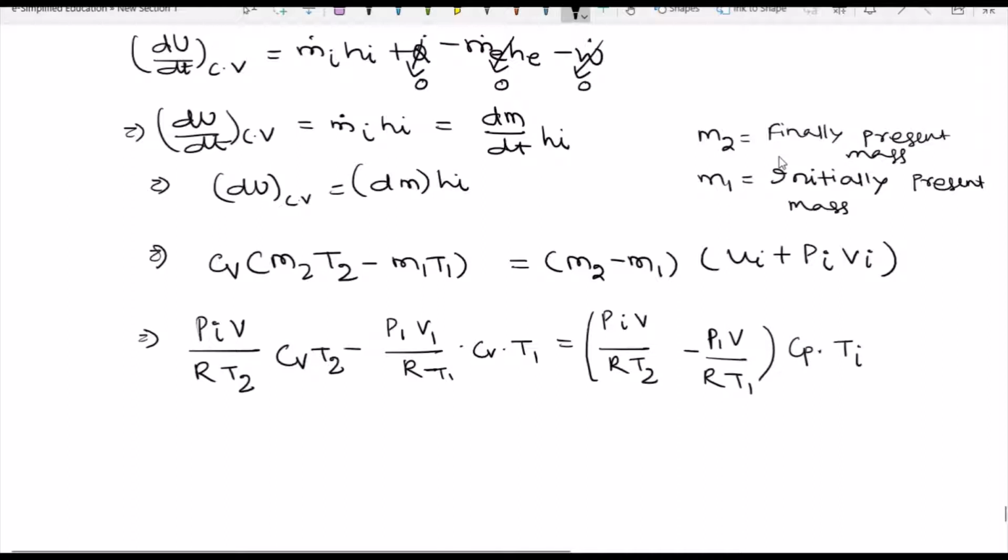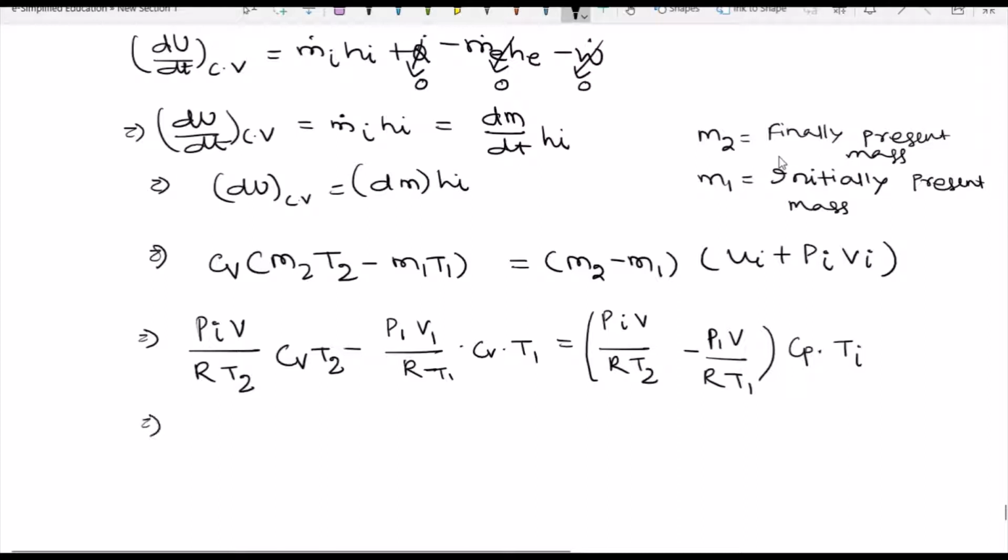If you expand this m2 into this form, m1 in this form, m2 is the final mass which is going to be present over there, but since P2 is equal to Pi, I have directly written Pi in place of P2. Likewise, if you expand this, you will get this.